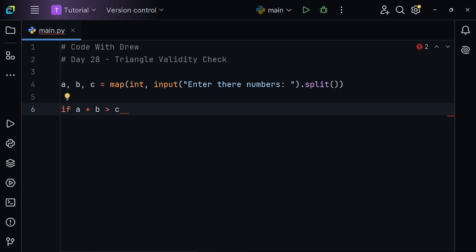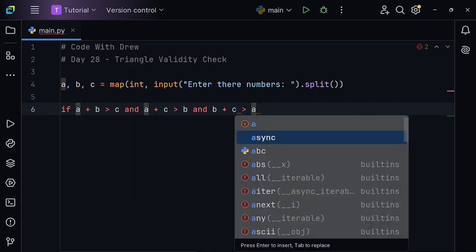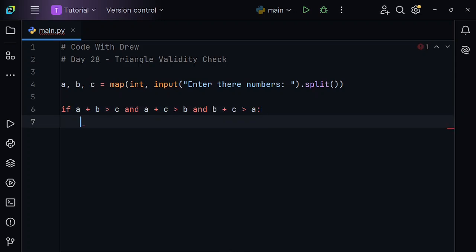So if A plus B is greater than C, and A plus C is greater than B, and B plus C is greater than A, then in this way, what we want to do is print yes, forms a triangle.